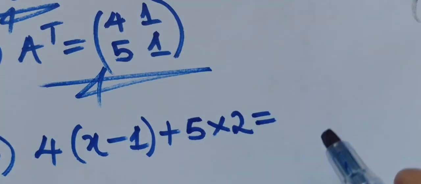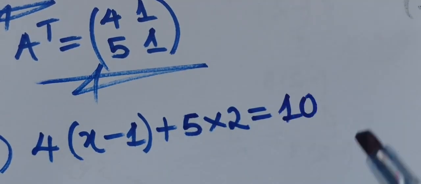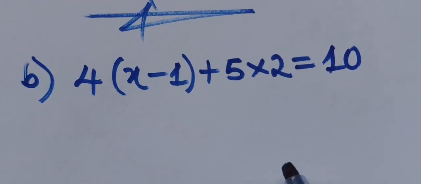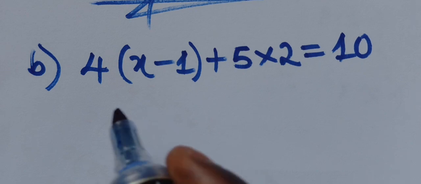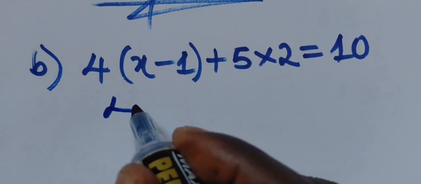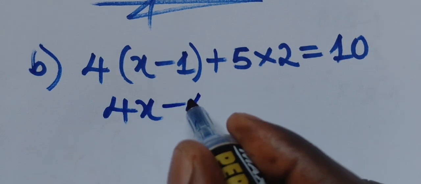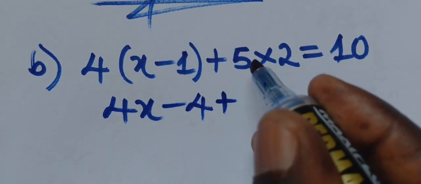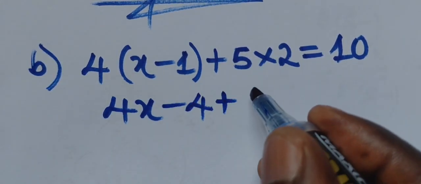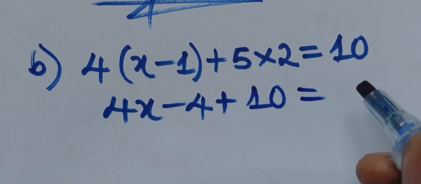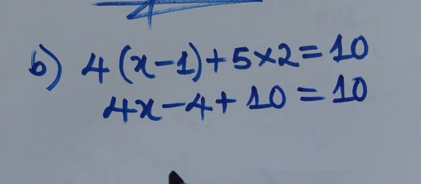So this here will give us the value of x. So we've come up with an equation that we have to solve. So 4 times x, this gives 4x. 4 times negative 1, that gives negative 4. Then plus 5 times 2, that gives 10. And this equals 10.